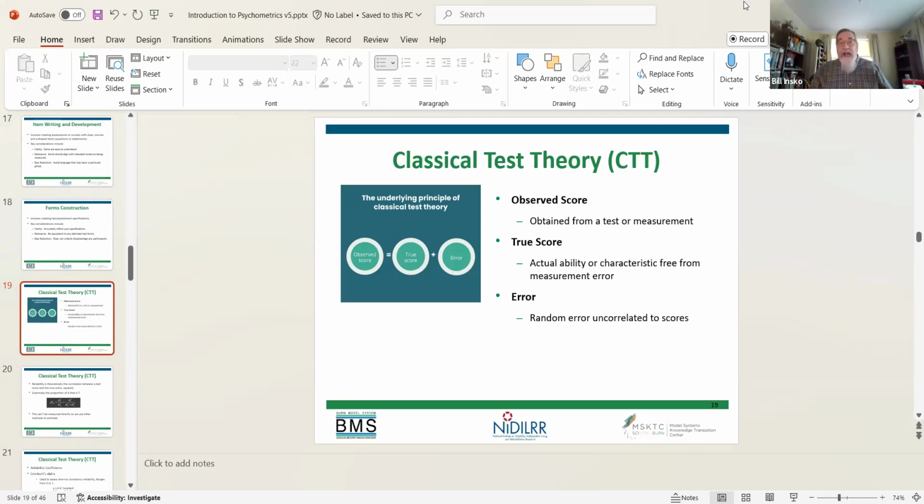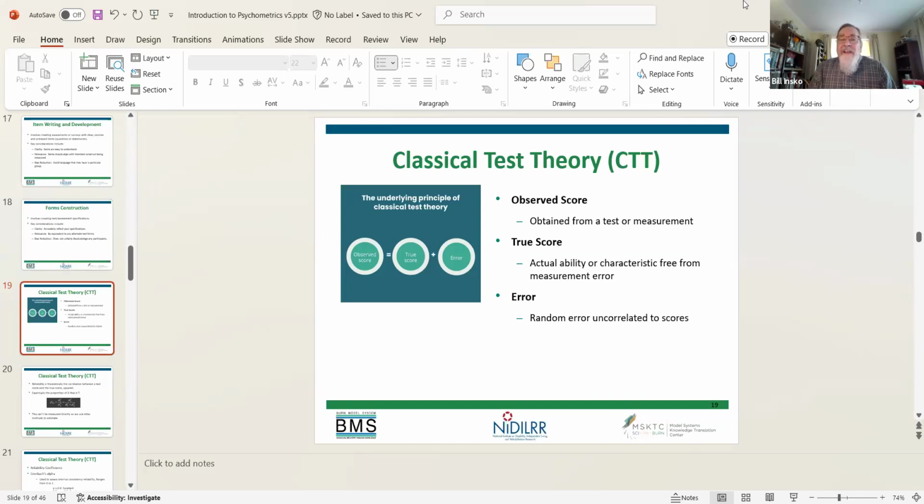Well, let's keep moving here. Two big topics now in psychometrics are classical test theory and modern test theory, which for the most part is IRT, or item response theory. And so I'm going to touch on both of those at this point.